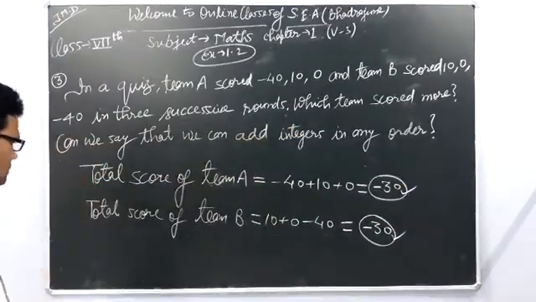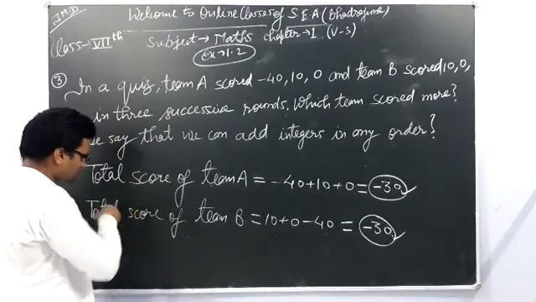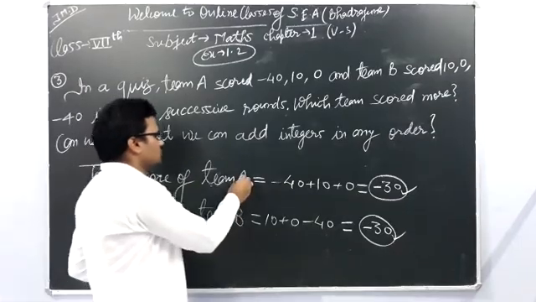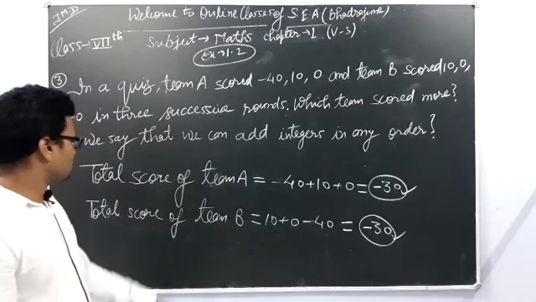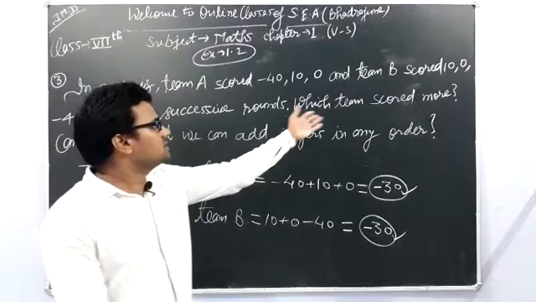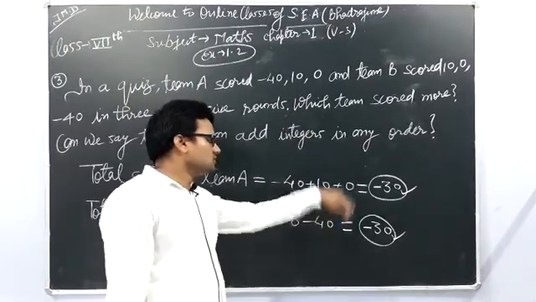The total score of team A equals -30, whereas the total score of team B is also -30. Then can we say which team scored more? No, both the teams scored equal.